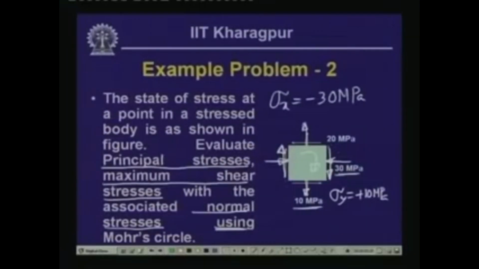Since here this is a clockwise rotation, these are negative shear. So is on this particular surface. Now, since this is causing anti-clockwise, this particular shear is a positive shear. Now, if we try to represent this in the Mohr circle, then let us see how it looks like.